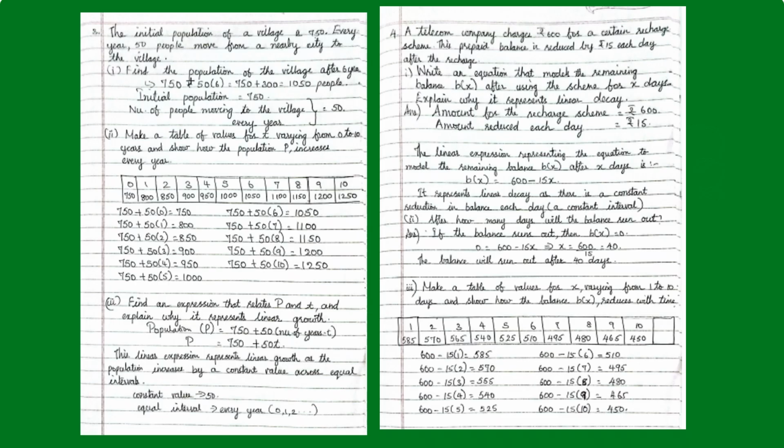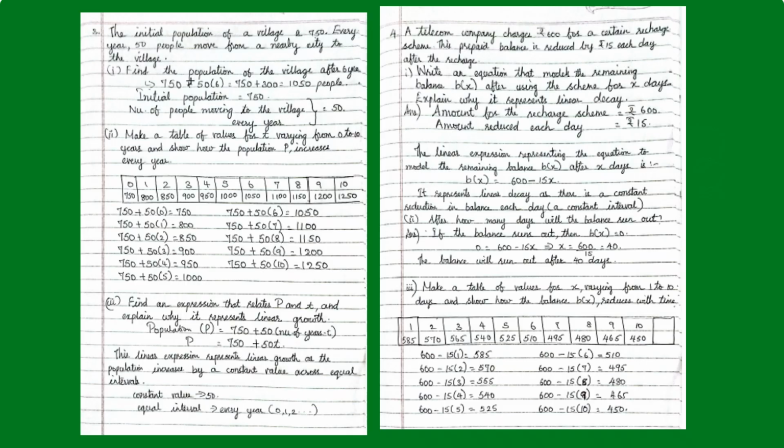By 50 people at the end of every year. Like in year 1, 50 people move in, in year 2, 100 people move in. So based on that, after 6 years there will be 1050 people in the village. The initial population is 750, and the number of people moving to the village every year is 50. So we just have to substitute and find out the values.